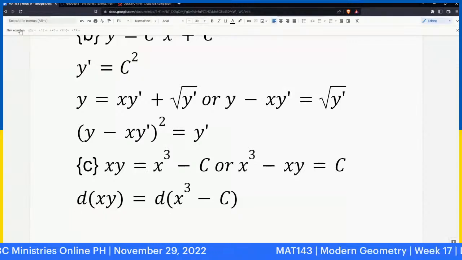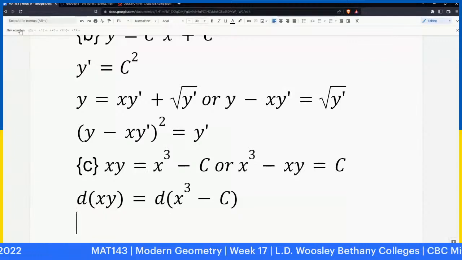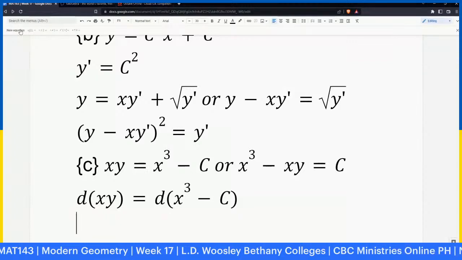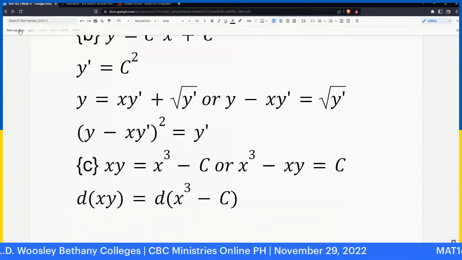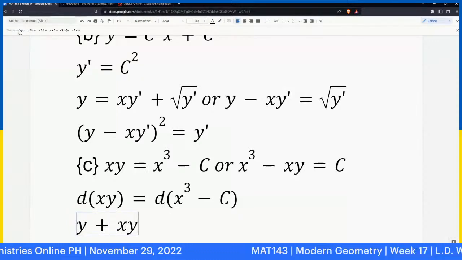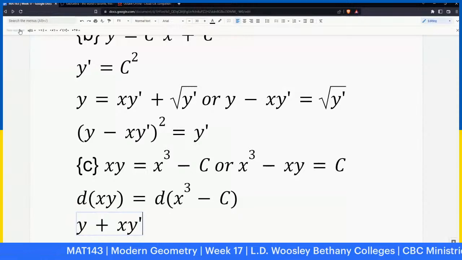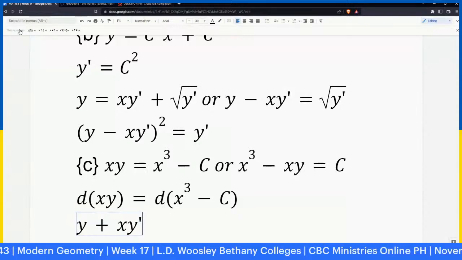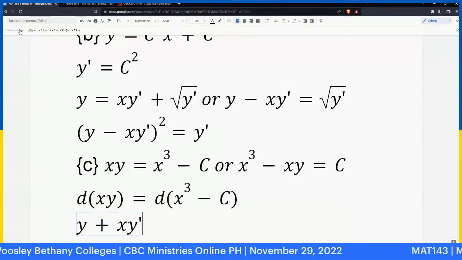So, using your product formula, that becomes x or y plus xy prime. Y derivative x plus x derivative y. Y derivative x is 1, so y remains.